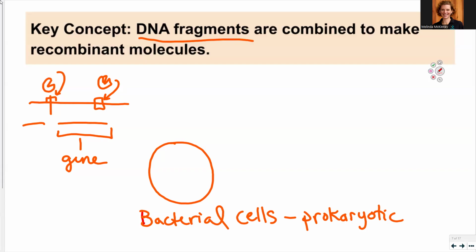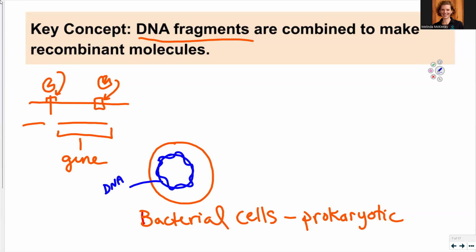So they're very simple compared to eukaryotic cells, cells that have a nucleus. So these cells, no nucleus, they have DNA in them. And the DNA is in a single large main or primary chromosome. So this is the DNA. If I was to look at this, right, it would be a double helix. So this is the DNA in the bacterial cell. So here's my chromosome.